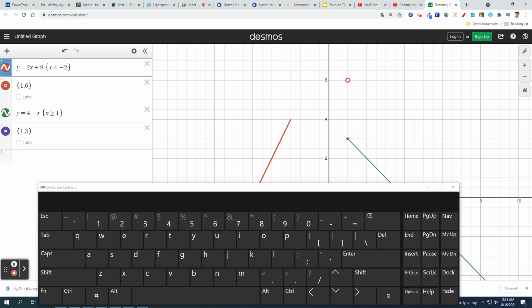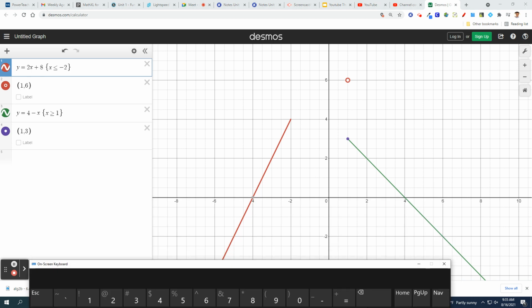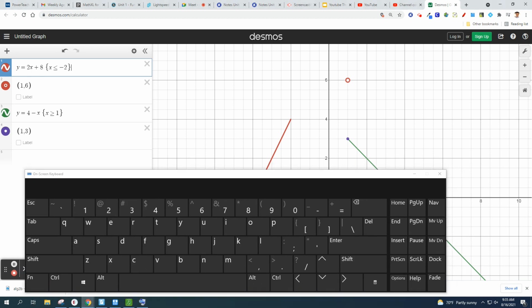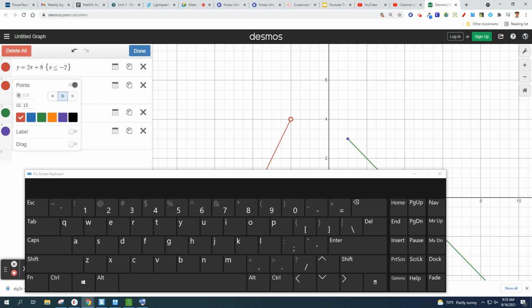And so this point, the end of that red line, is at -2, 4. But it's filled in, right? It's filled in. So I'm going to knock that back down to like 10 or something.